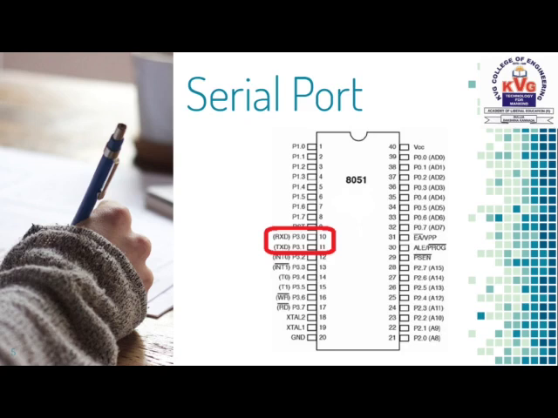The serial port pins of the 8051 microcontroller are pin number 10, or port 3 bit 0 (P3.0), which is used for serial reception, and pin number 11, or port 3 bit 1 (P3.1), which is used for serial transmission. Pin number 10 is also called the RxD, and pin number 11 is also called the TxD.